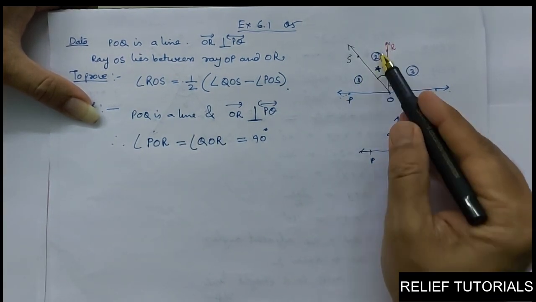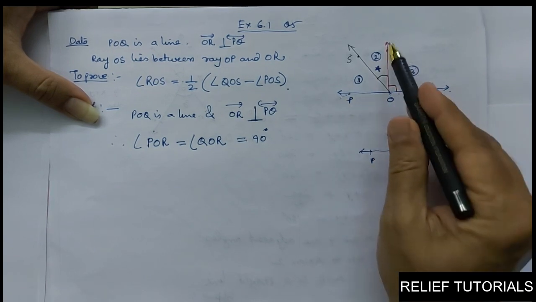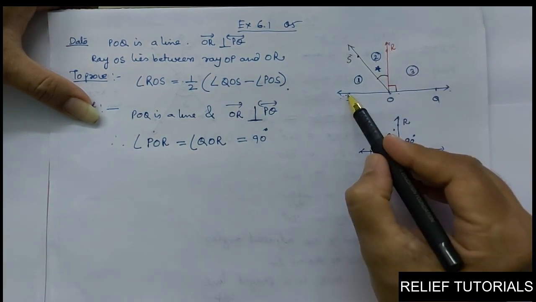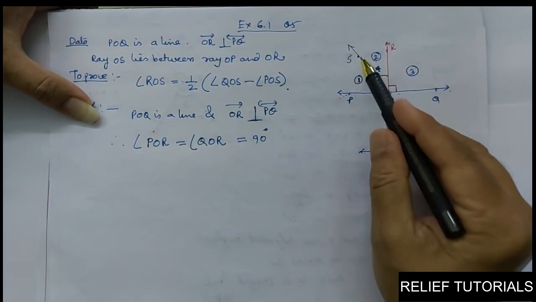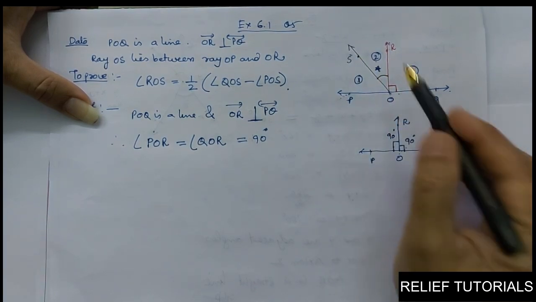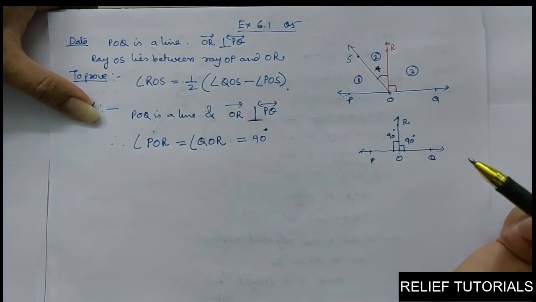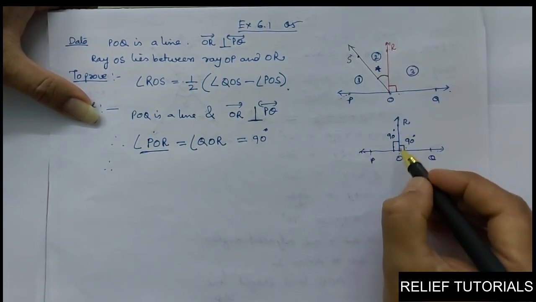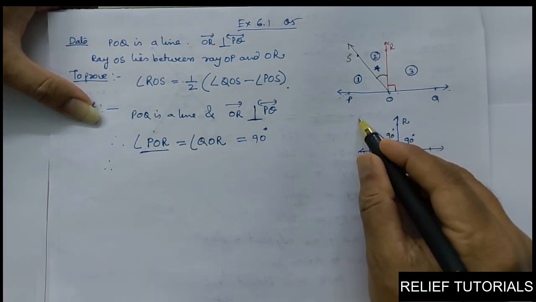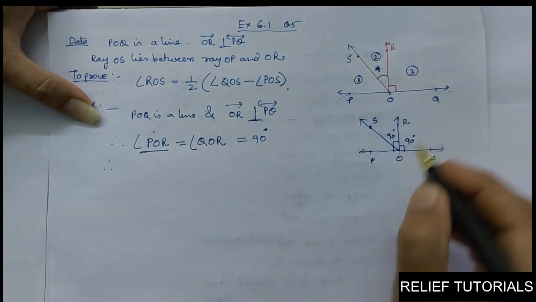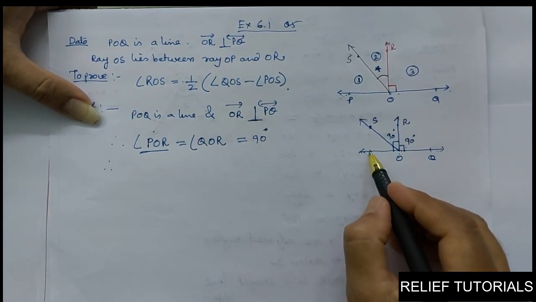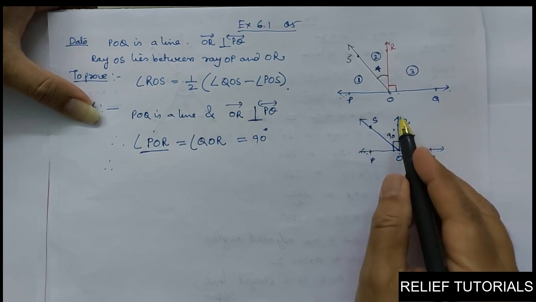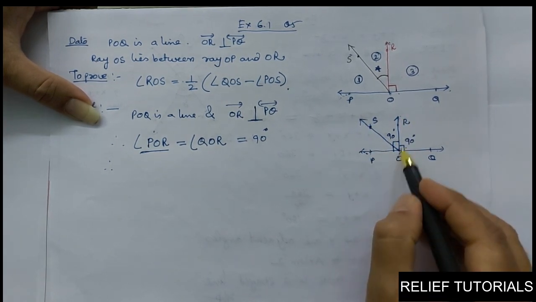So 1 and 2 are adjacent angles. So POR is equal to POS plus SOR, or ROS. So in place of POR here there is one angle, this is S. So I can say here POS plus ROS is equal to POR.